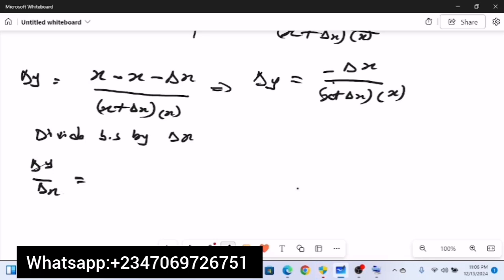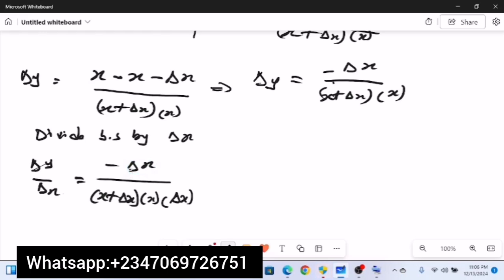This is going to be equal to, I have negative change in x at the numerator all over, remember I have x plus change in x multiplied by x. Now divide by what? Change in x. So you observe that this change in x here goes into this change in x here. So negative change in x divides change in x becomes what? Negative 1 at the numerator.